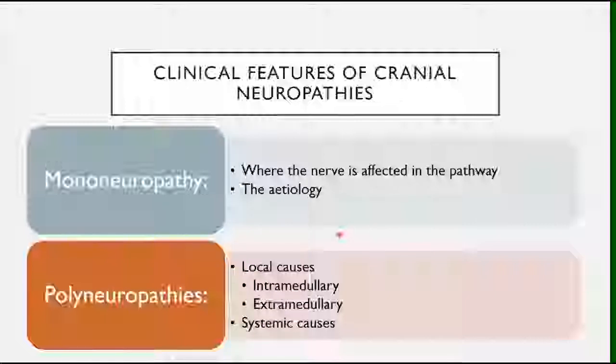So we all understand intra- and extramedullary, right? Within the parenchyma. If there is a lesion within the medulla, then apart from the cranial nerves which are going to be affected, other structures in the medulla are also going to be affected. We have other tracts as well, descending and ascending tracts, which will also be affected.